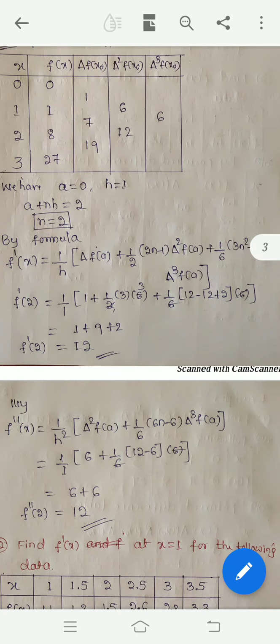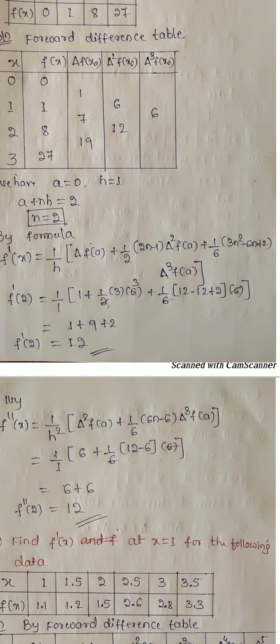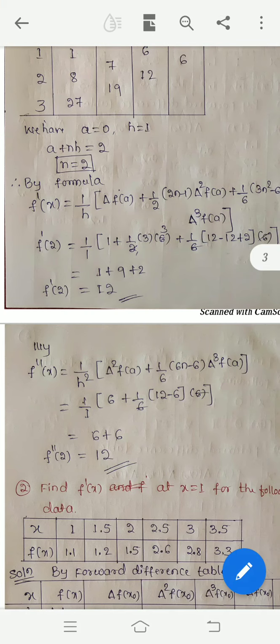The 2 gets cancelled. Then the third term is plus 1 by 6 into (12 minus 12 plus 2) into delta cube f of a, which is 6. Simplifying these values, we get 1 plus 9 plus 2, that is equal to 12. So f dash of 2 is equal to 12.